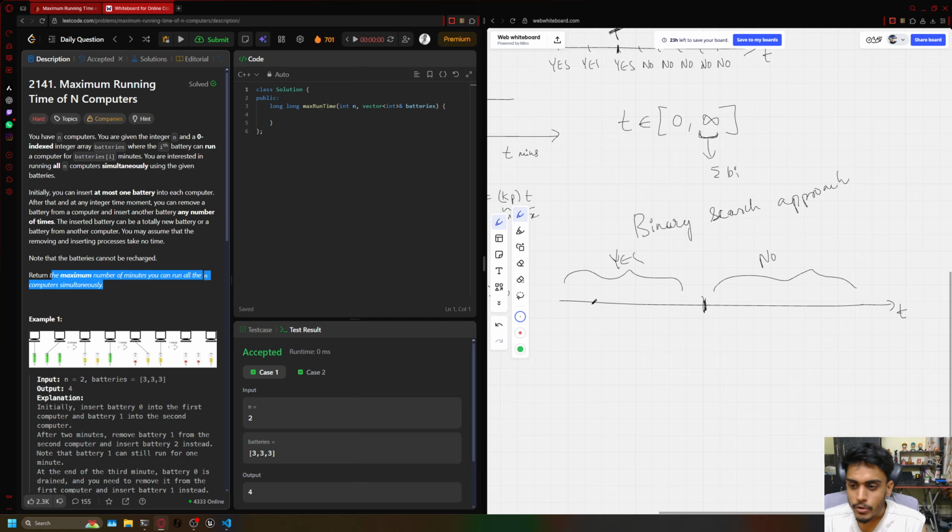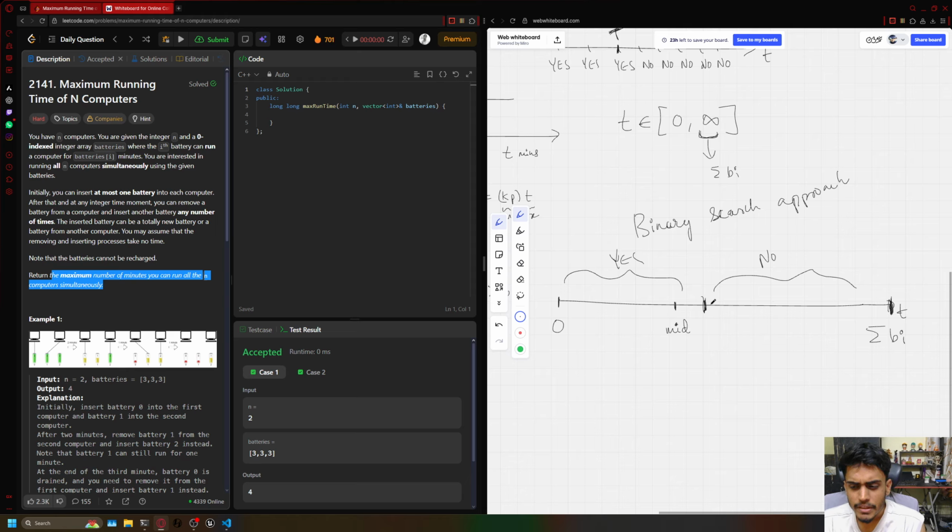If I do a binary search between these points, let's say this point is 0 and this is my upper limit, the summation of b_i. Let's say the binary search gave this mid, so I'm at this zone. If I check with this t value and calculate my net demand energy, this will satisfy.